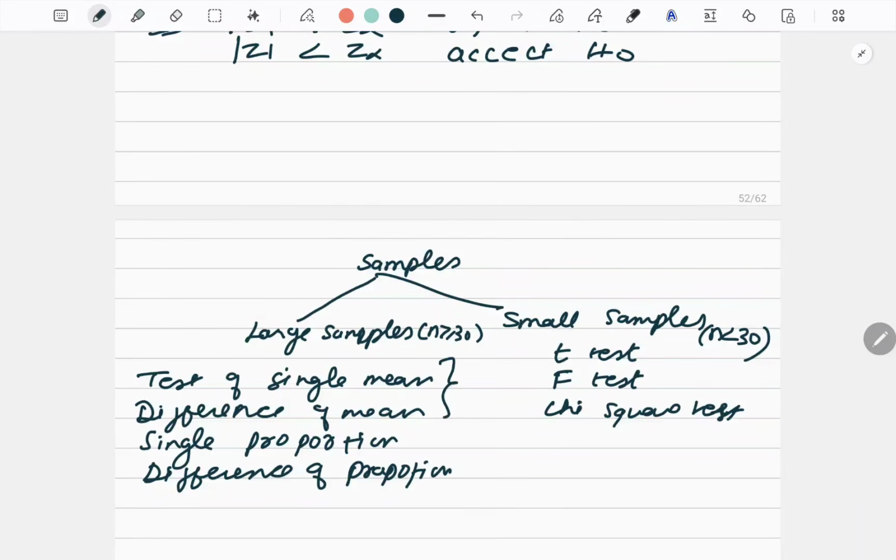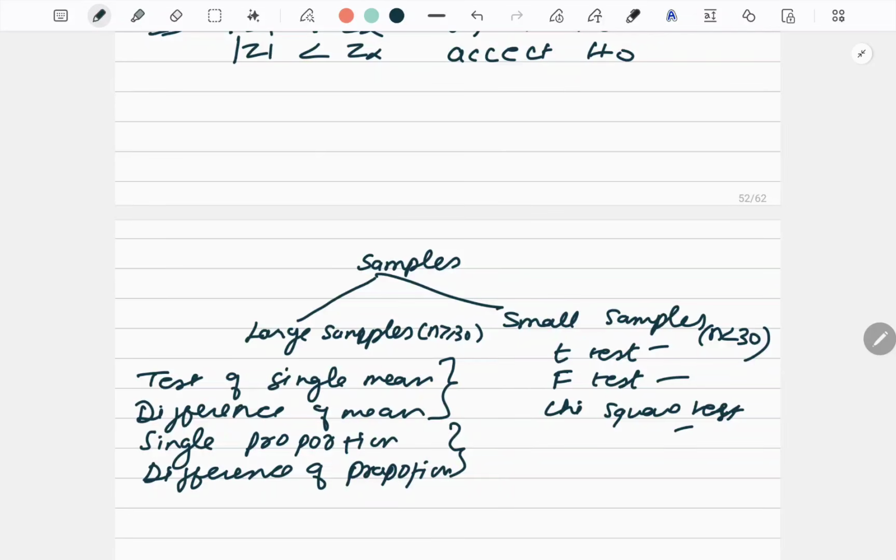I will cover this topic in one video, and this topic in another video. Then in one video I will cover the t-test, in one the F-test, and in one the chi-square test. So this is how I will be planning my videos.